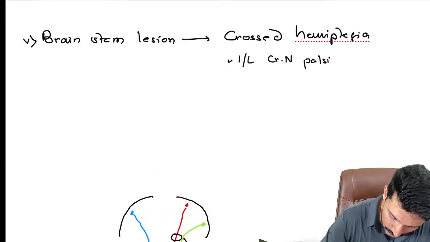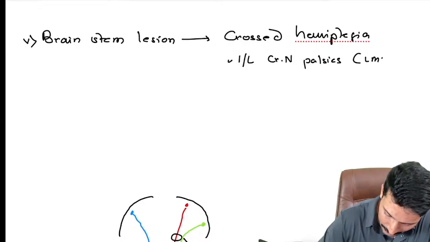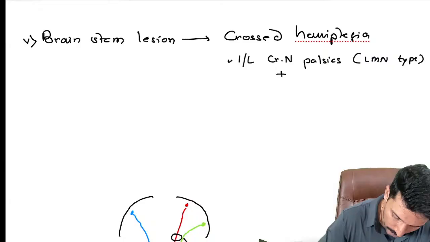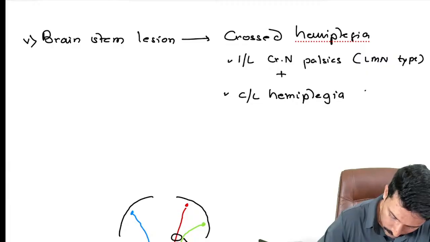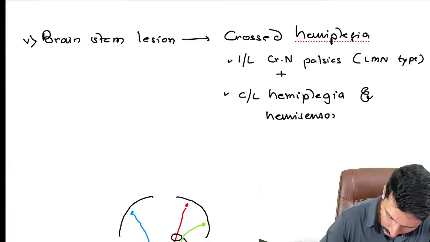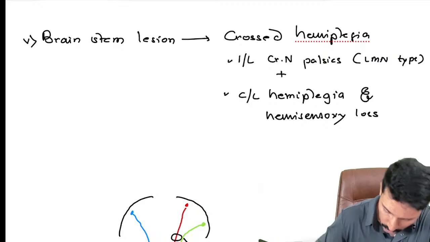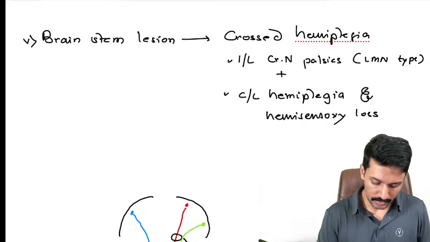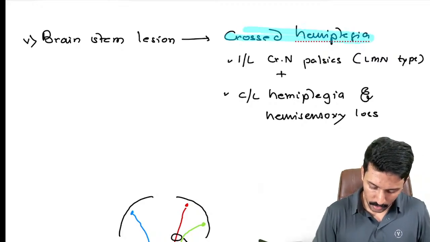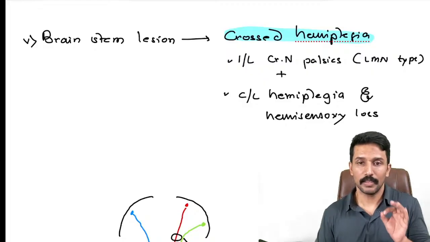Cranial nerve palsy is on the same side, that too of lower motor neuron type, because the nucleus is affected. Plus you will have contralateral hemiplegia and hemisensory loss. This we call crossed hemiplegia, right? It's a hallmark of brainstem lesions.